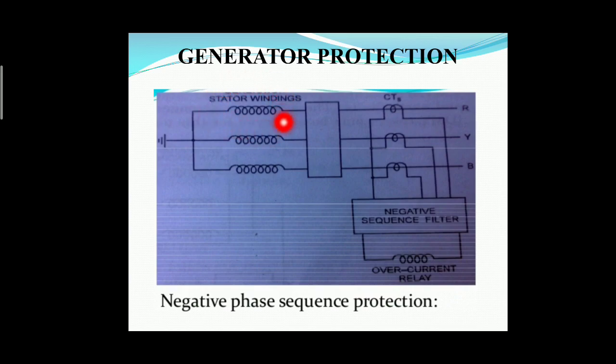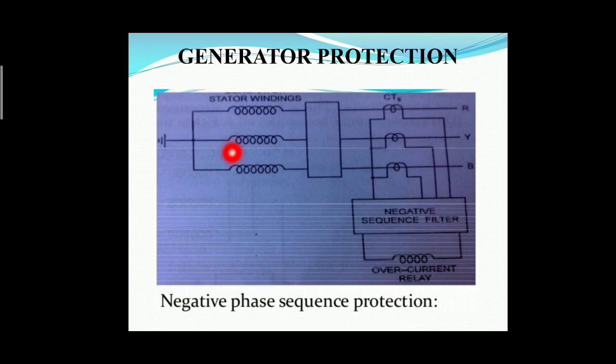These are the stator windings, in which we are connecting the CTs. The secondaries of these CTs are connected in the phases, that is the R phase, Y phase and B phase. In each phase we are connecting the CTs.